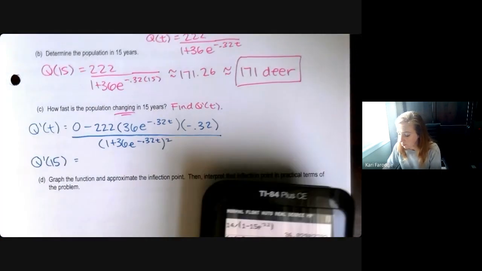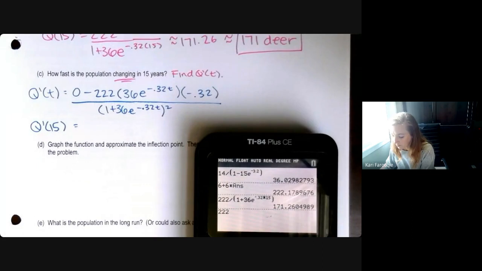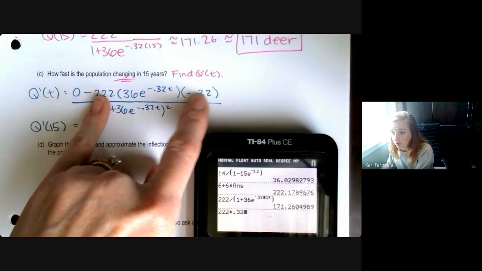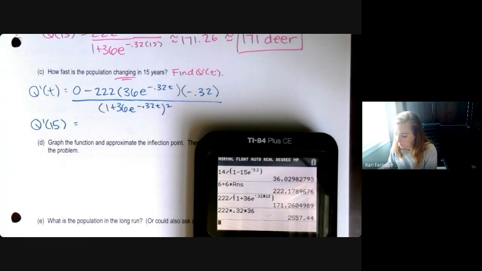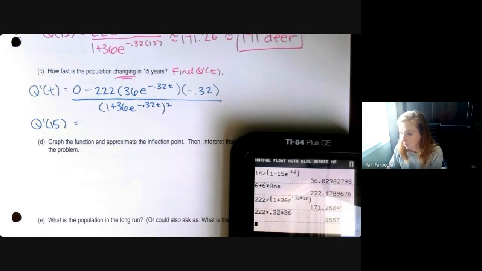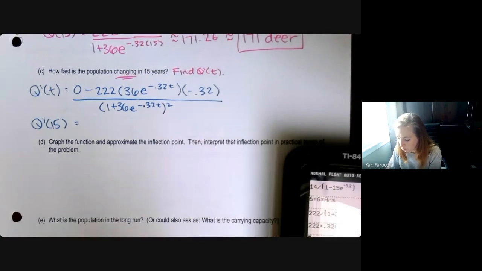I'm just going to multiply the 222 by 0.32, and then maybe multiply that by 36. Remember, a negative times a negative is a positive, so this gives us a positive quantity, at least in the numerator. Okay, so my new constant multiple is 2557.44.